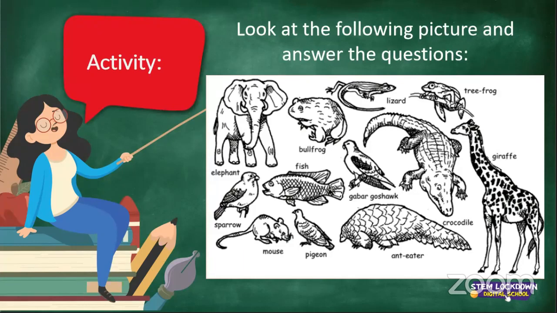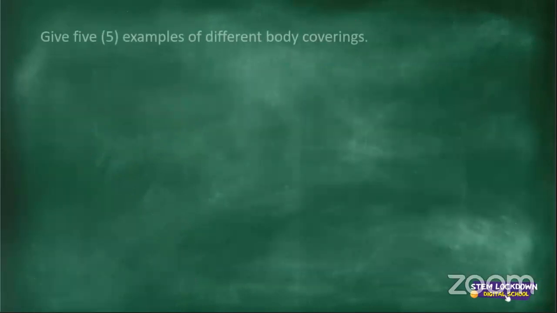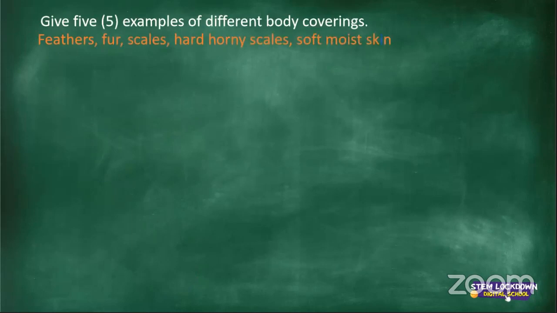Have you mentioned 5? Slimy skin. Okay, let's go on to the next question. There are feathers, fur, scales, hard horny scales, soft moist skin, and leathery tough hide like the elephant.